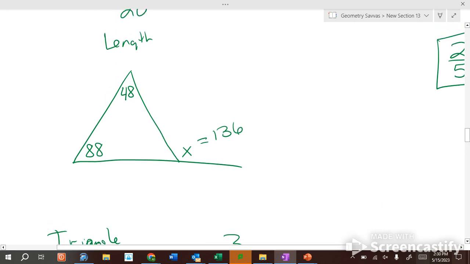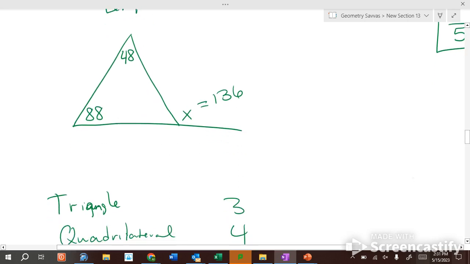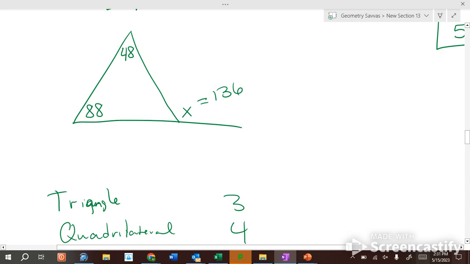How many sides does a triangle have? 3. What is a four-sided figure called? No! Quadrilateral. Now, a square has four sides, but not every four-sided figure is a square. It could be a parallelogram, could be a trapezoid, could be a kite, whatever.